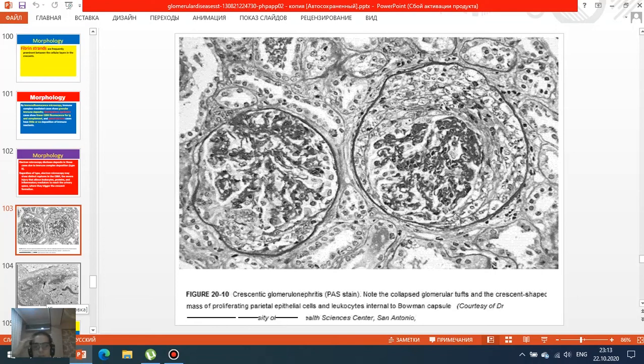So in this picture, light microscopy of crescentic glomerulonephritis, you can see the collapsed glomerular tufts and the crescent-shaped mass of proliferating parietal epithelial cells and leukocytes internal to Bowman capsule. Here and here.